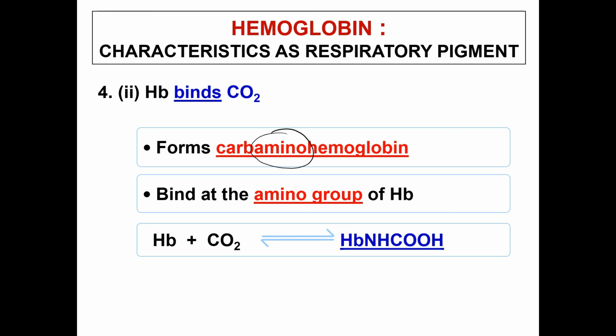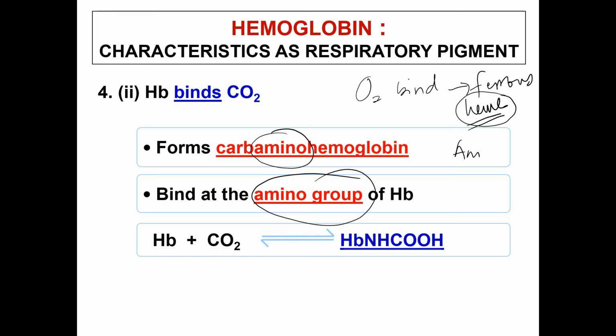Sebab kalau oksihemoglobin, oksigen dia akan bind to the ferrous ion pada heme group kan? Lepas tu dia jadi oksihemoglobin. Tapi kalau carbon dioxide dia bukan bind kepada tempat yang sama. So dia tak berebut tempat dengan oksigen. Jadi dia akan terikat kepada amino group of hemoglobin.